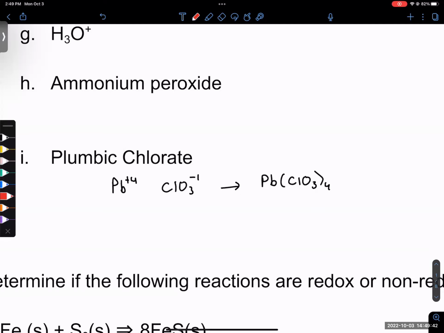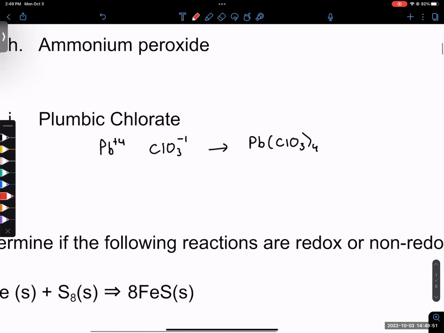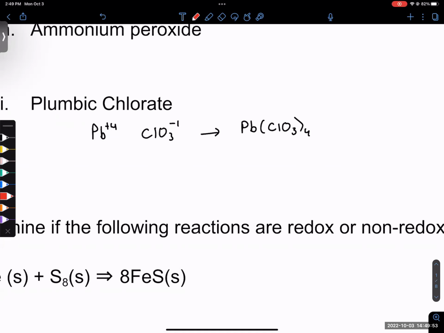It's +4, right? And for the chlorine, let's use our little algebra again to solve this. We have how many oxygens? 3 oxygens, and each one has an oxidation number of -2. And we have one chlorine, we're gonna say x.